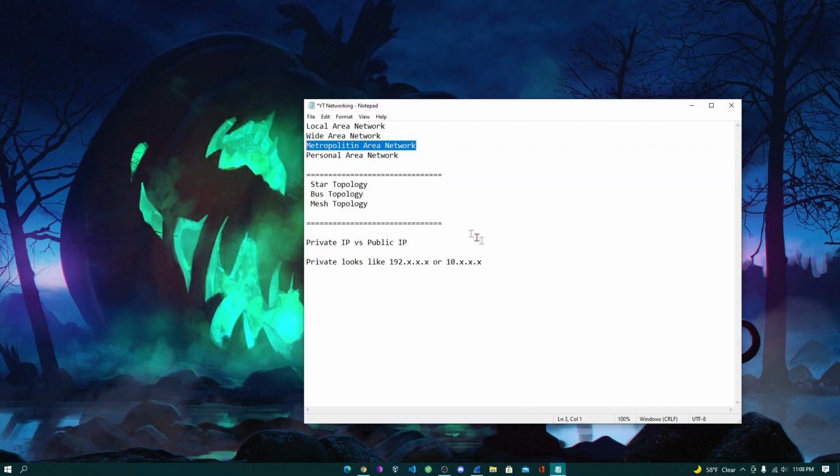Metropolitan area network is typically a business set of networks. Let's say that a bank has multiple offices throughout a city. Let's say New York City, right? They have many offices all throughout New York City of the same bank. Then they're going to use a metropolitan area network.